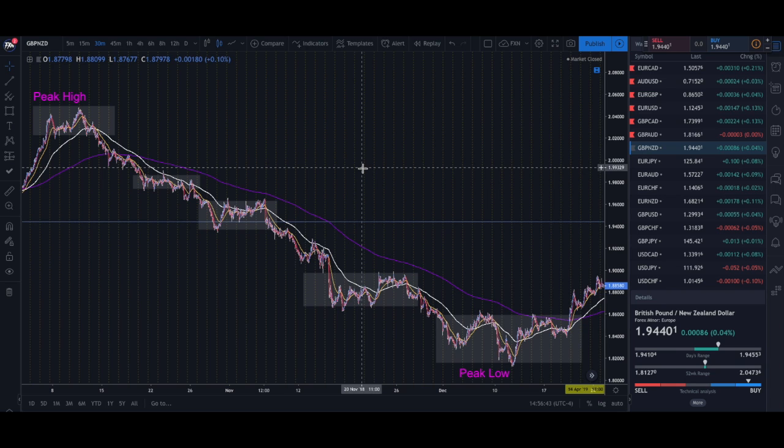The only time you are trading against the trend and using the EMAs as take profit points is when you believe you are at a peak formation high or peak formation low. That's going to be the only situation you put yourself in where you trade against the trend.